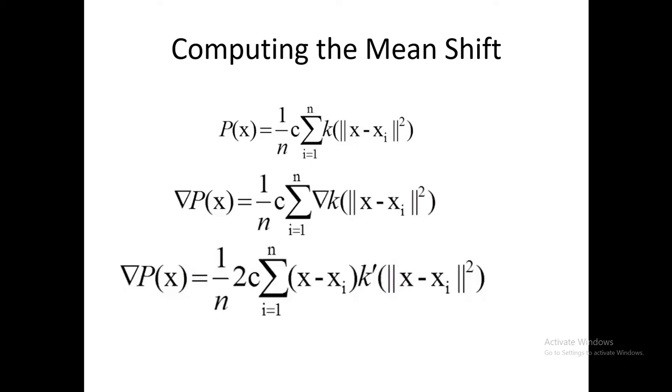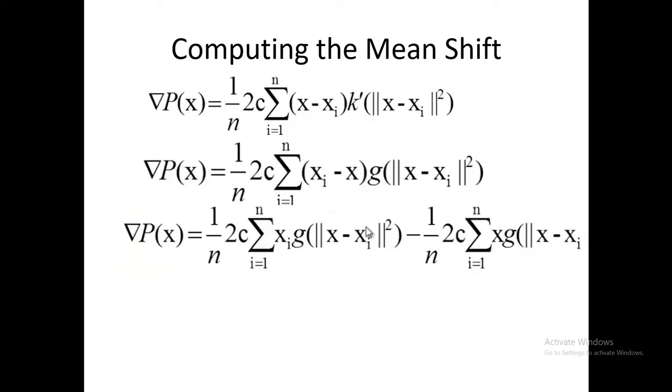We have this PDF, and we get the derivative of it, and since this is a square, we get the 2 and x minus xi here, and another is the k prime, which gives us the derivative of this k. This is the gradient of density, which is expressed in terms of the kernel and k prime.